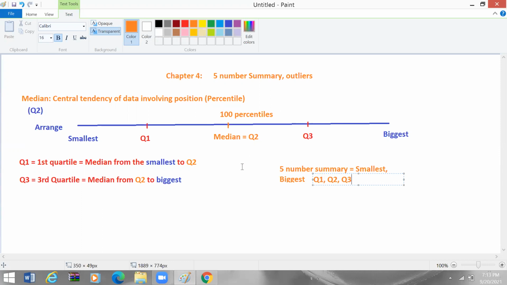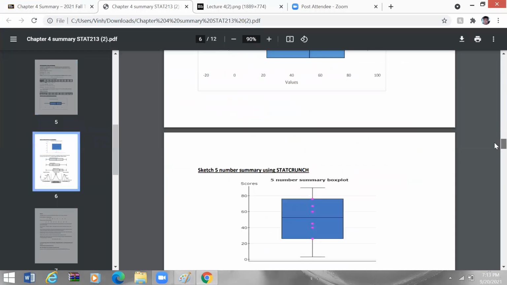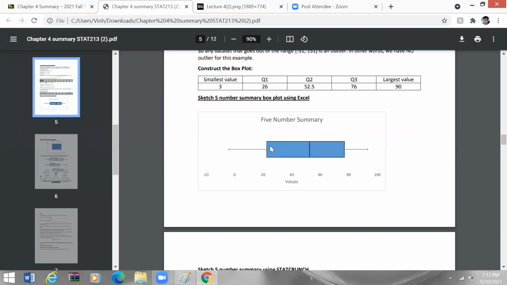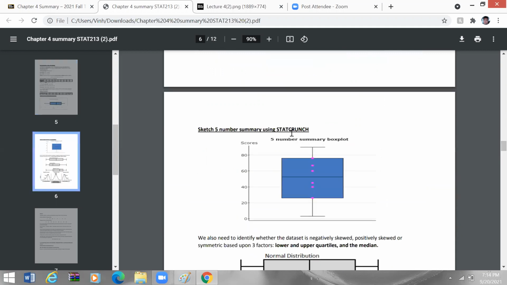If you ask me about the application, when you read the chapter summary, you can literally check the box plot. This is the smallest, this is the biggest, and then we have Q1, Q2, and Q3 given by the box plot. We're going to know whether the curve is positively skewed or negatively skewed based upon the StatCrunch output. So this is what we have for the final summary.